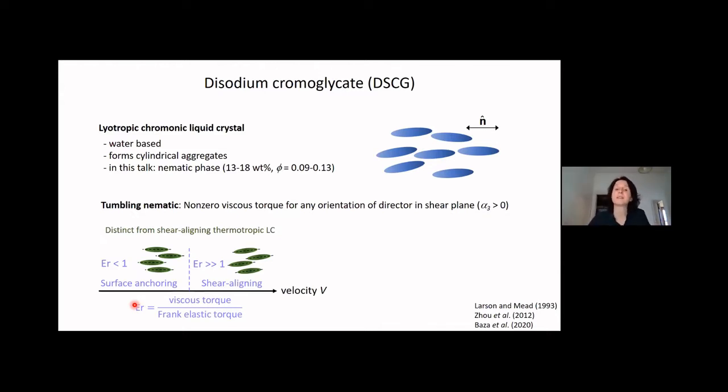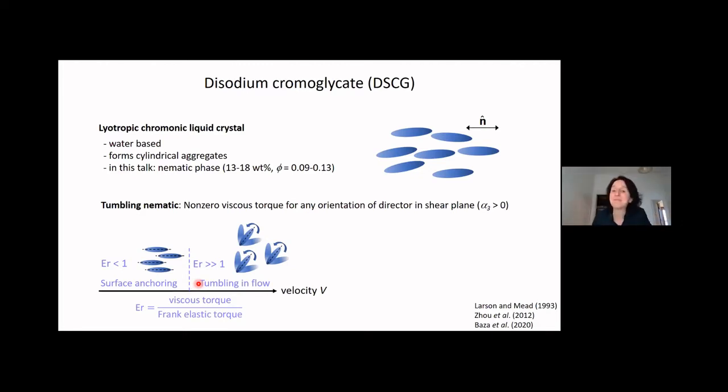So above an Ericksen number of order 1, typically a thermotropic liquid crystal will shear align, taking an equilibrium angle at steady state. However, our liquid crystal is not going to shear align at this critical Ericksen number, but instead exhibits a continuous collective tumbling behavior in the flow.